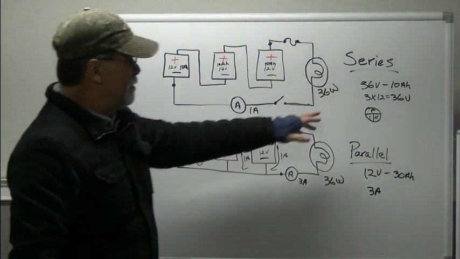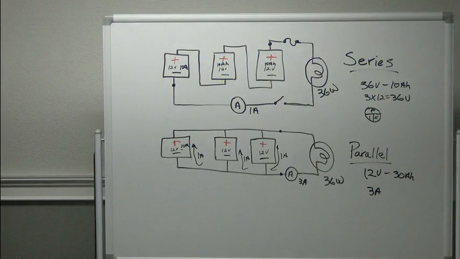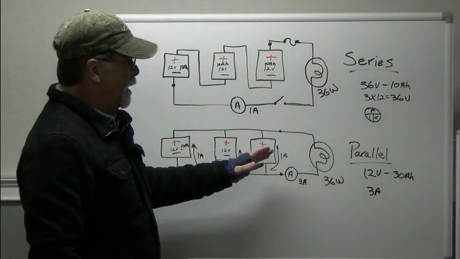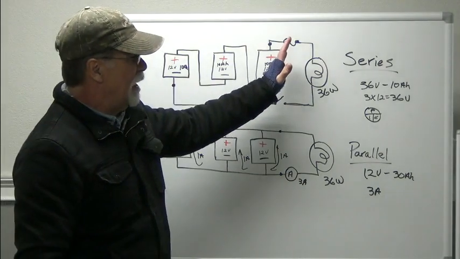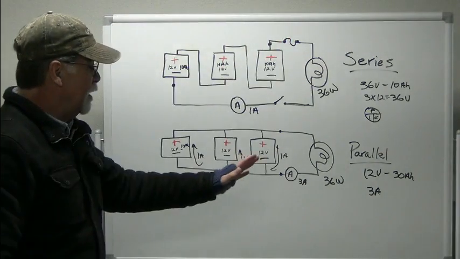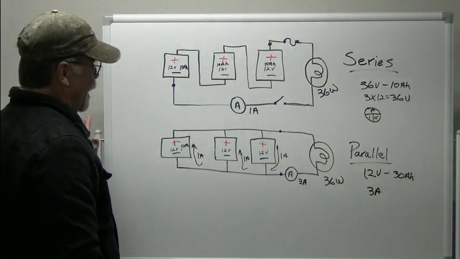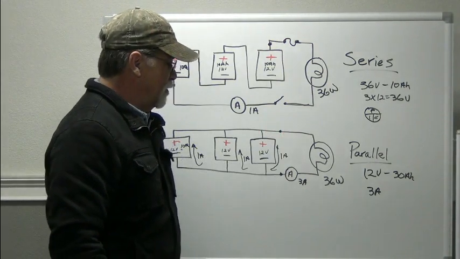Where in this series setup, we have 36 volts, 10 amp hours. Okay, so you can see that in series the voltage adds, but the capacity stays the same. In parallel, the voltage stays the same and the capacity adds.